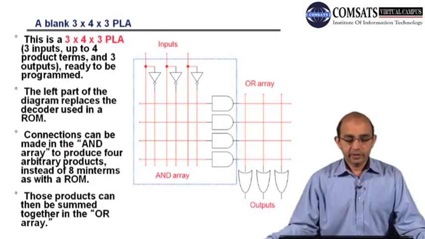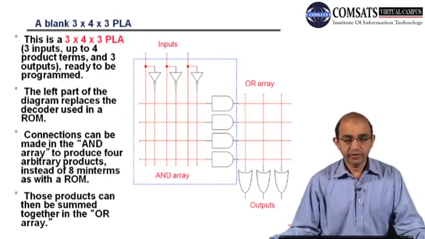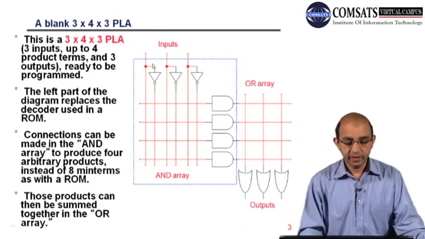Here we have a 3 into 4 into 3 PLA. 3 means we have 3 inputs, 4 means we have 4 AND gates, and the length of each word is 3, so we have 3 outputs and 3 OR gates.